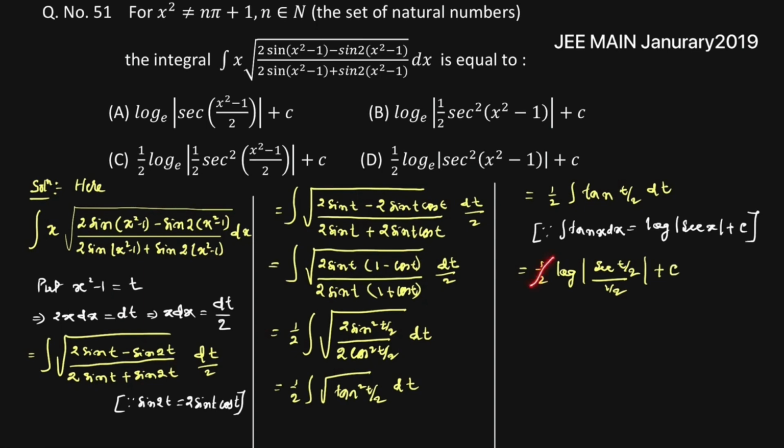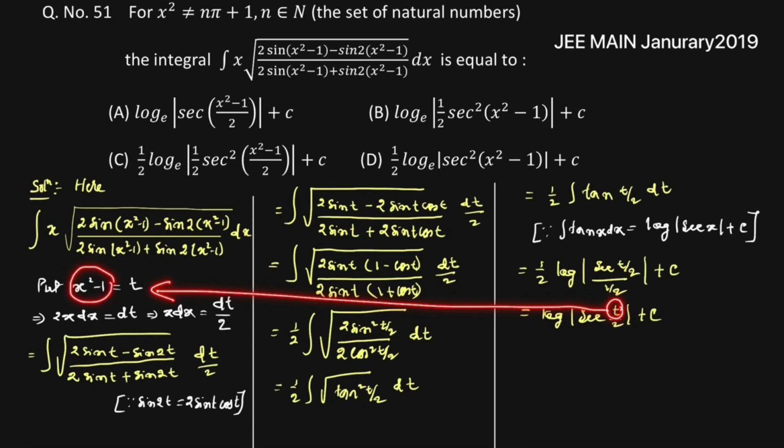So this 1 by 2 and 1 by 2 cancel, then we will get log of sec t by 2 plus c. So we know that our t is equal to x square minus 1. So in the place of t we will put x square minus 1.